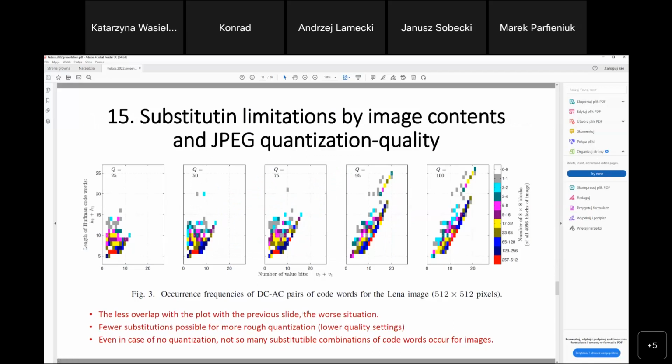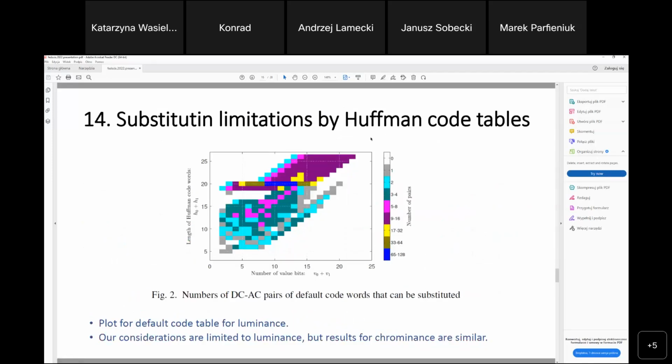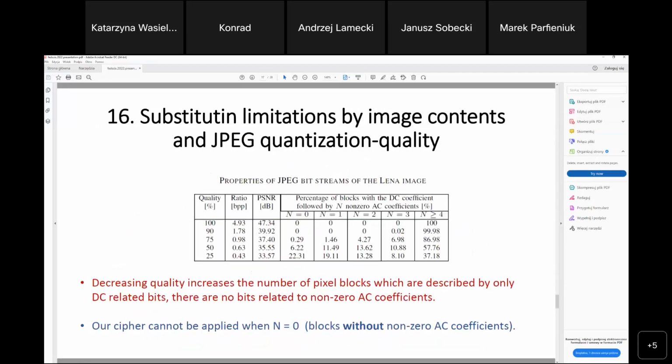The situation is worse when there is less overlap with this plot, defined by pure code tables. The general effect is that decreasing quality increases the number of pixel blocks which are described by only DC related bits, so that there are no bits related to non-zero AC coefficients, and to such pixel blocks our cipher cannot be applied.